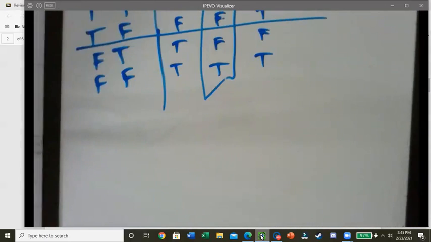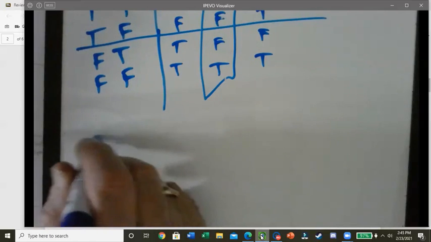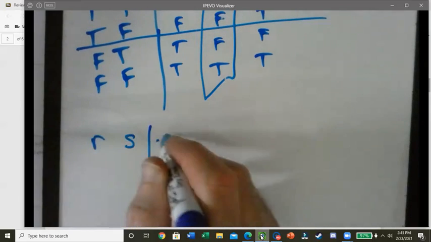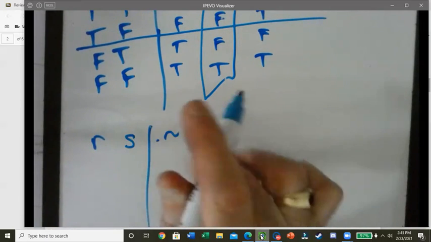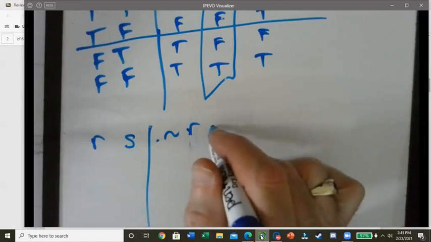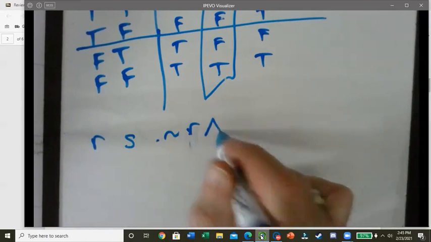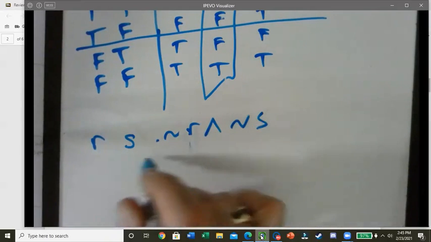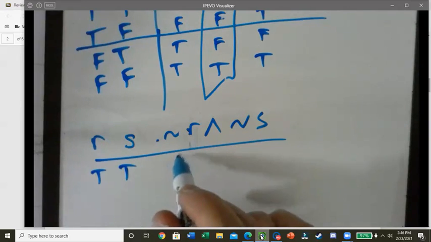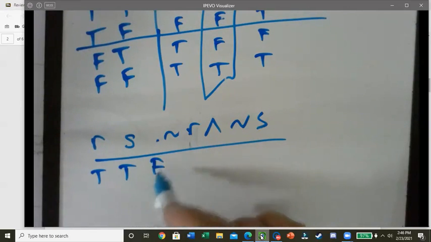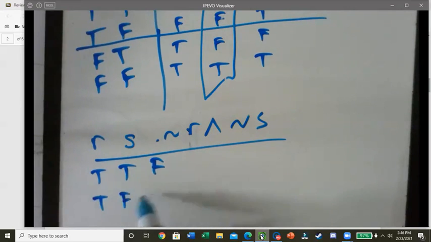Now on the test, you may see something like this: R, S, not R, and not S. You may see it like this, and not S. And you may see it as true, true, false, true, false, false, false, true, false, false, false, true.